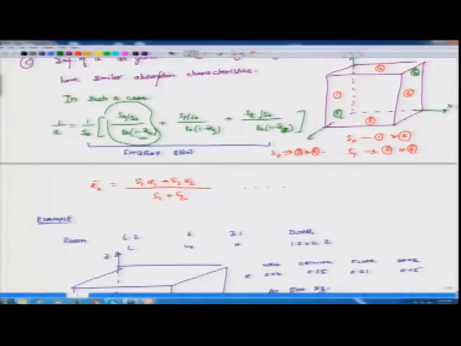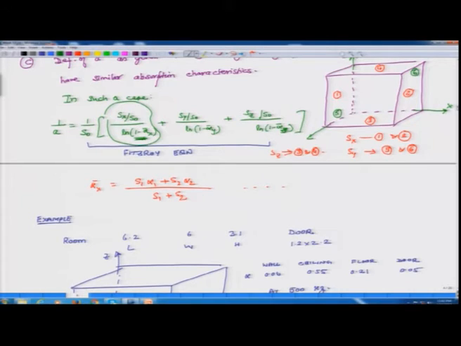So, as this term in the parenthesis is becoming small, the denominator is becoming larger, and as it becomes larger, the overall term becomes smaller. If this becomes smaller, 1 over A will also become small, which means A will become large, right.